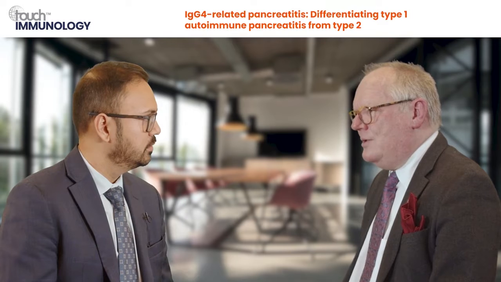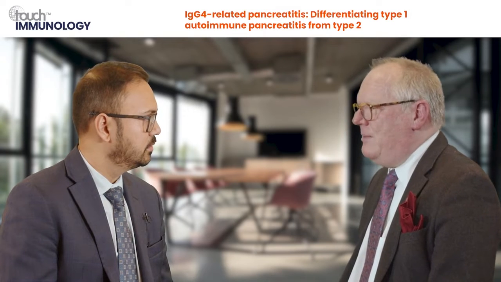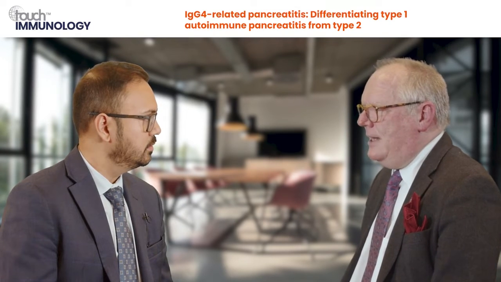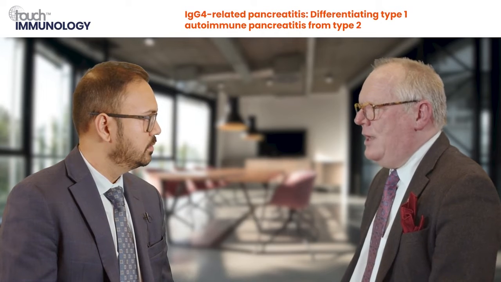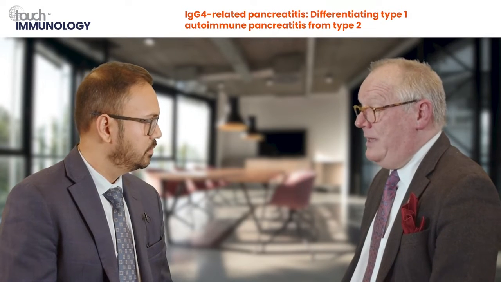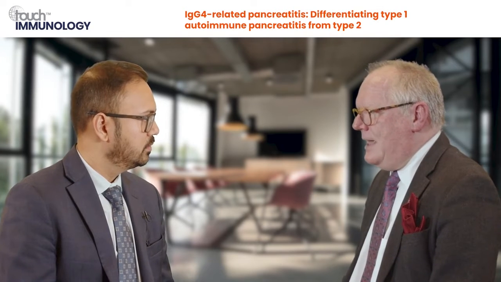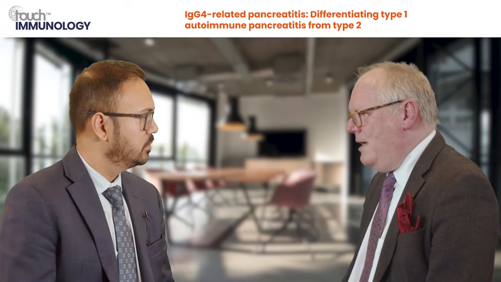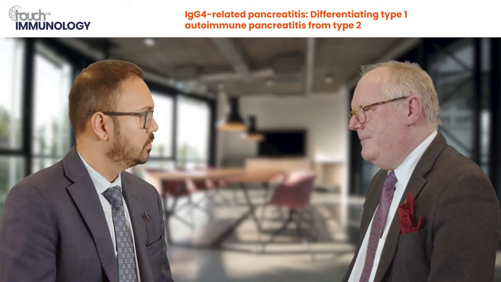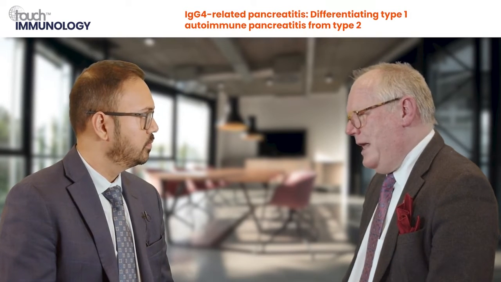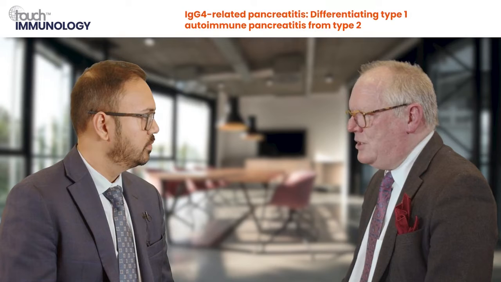With regard to what you can measure in the blood, the serology that is, it is of course IgG4 in serum. Sometimes only the IgG4 total is elevated. And then the other organ involvement would be, for instance, that you see the immune-related cholangitis, which we mentioned before.